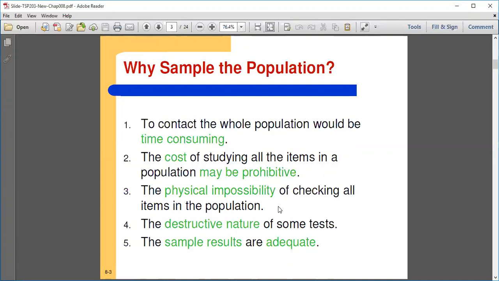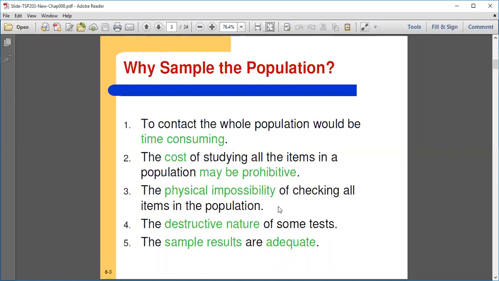Then for this purpose, we will use the sampling method and select a sample from the population and find out how many items, or what percent of items, are faulty in a given sample.